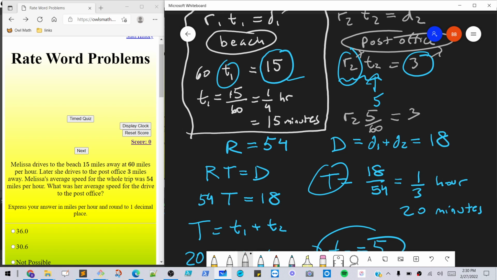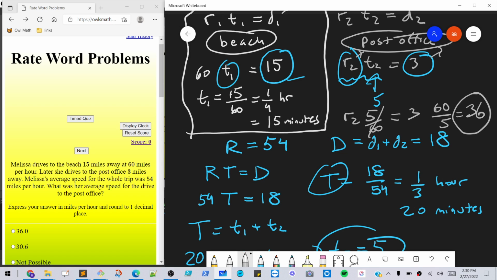And then what I can do is just multiply through by 60 over 5. That cancels, and this is going to be 36. This 60 over 5 reduces to 12. 12 times 3 is 36. And so that should be our final answer.